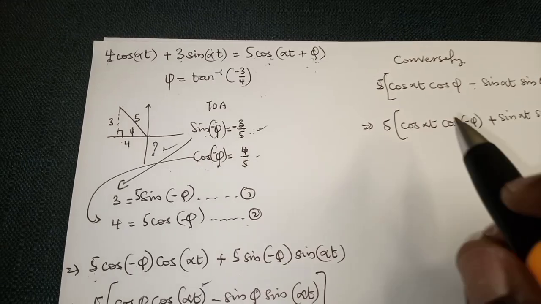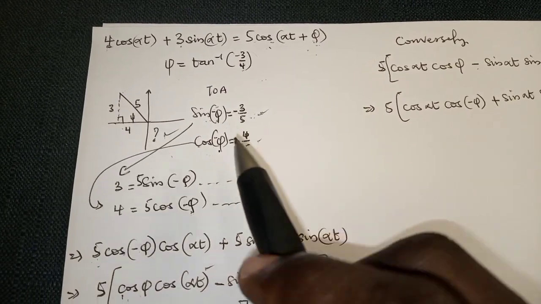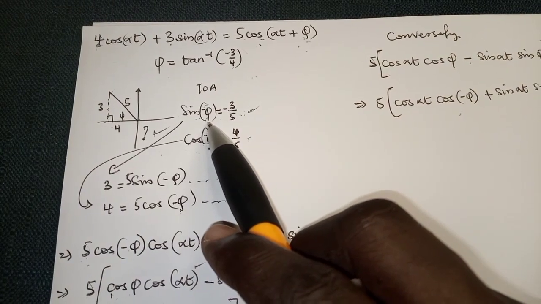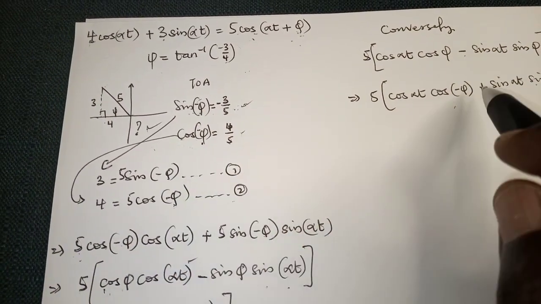Now we do the substitution of sine of negative phi and cos of negative phi.